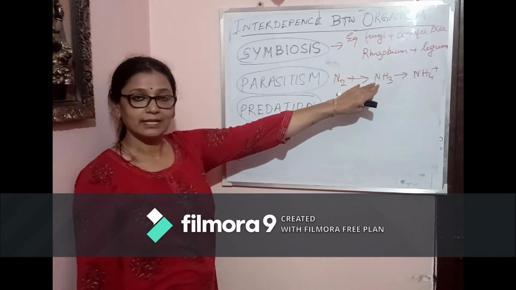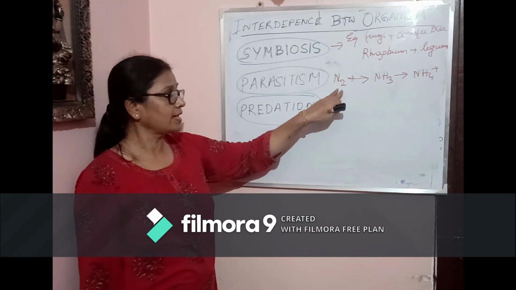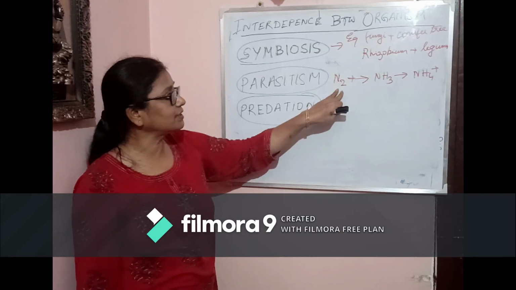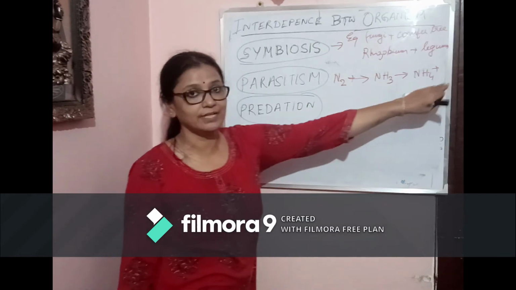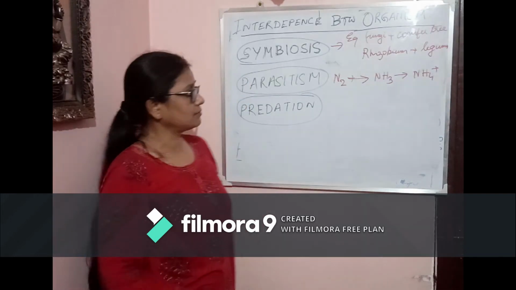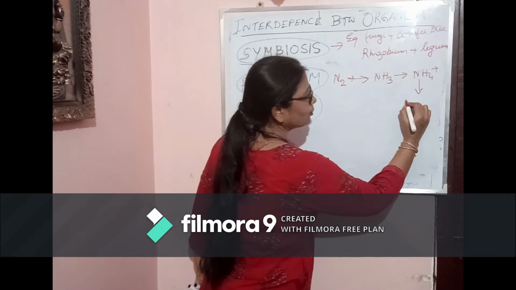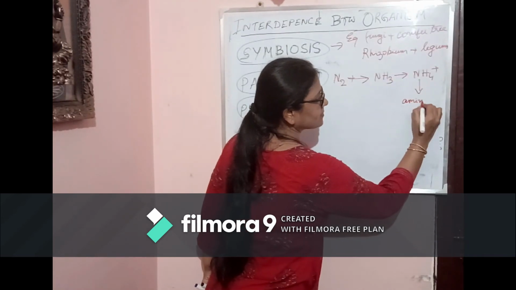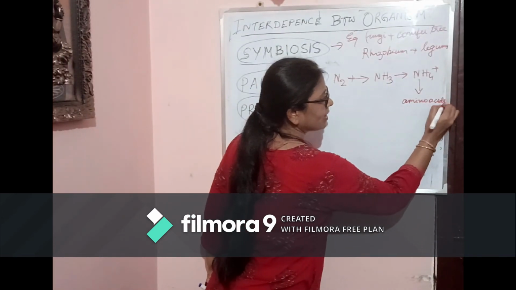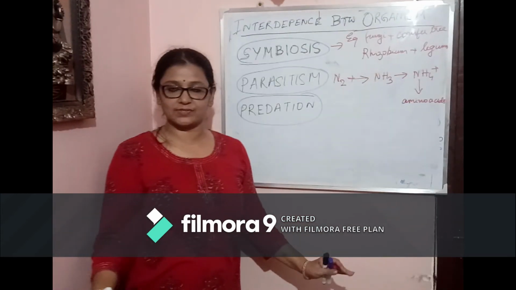From the water, the hydrogen ions are reacting with this nitrogen and forming these different stages. This ammonium is being converted into amino acids. These amino acids are nothing but proteins.